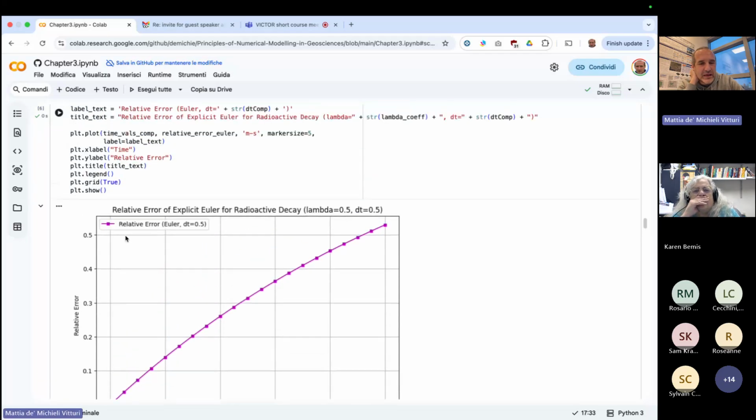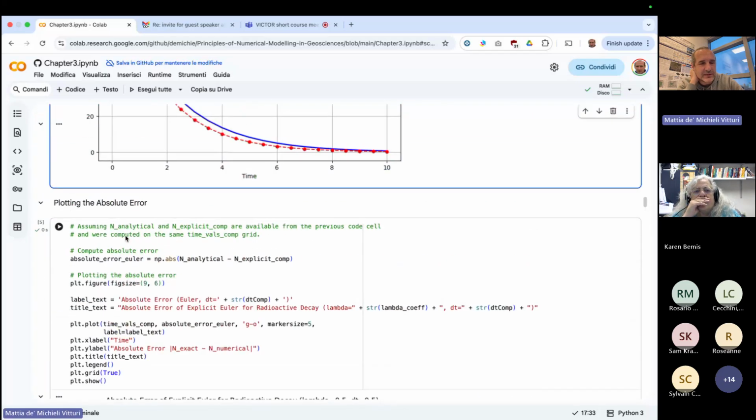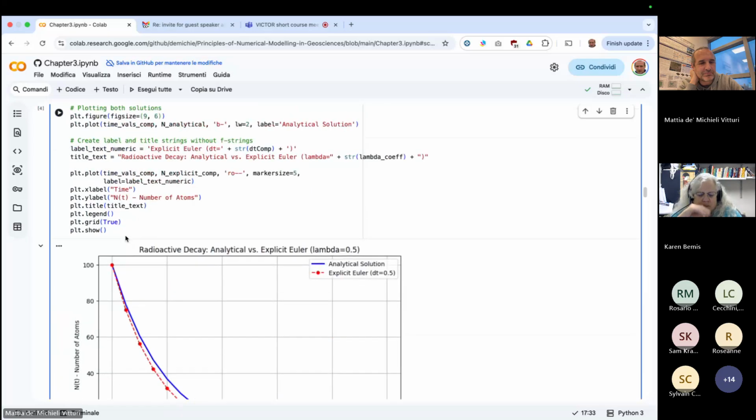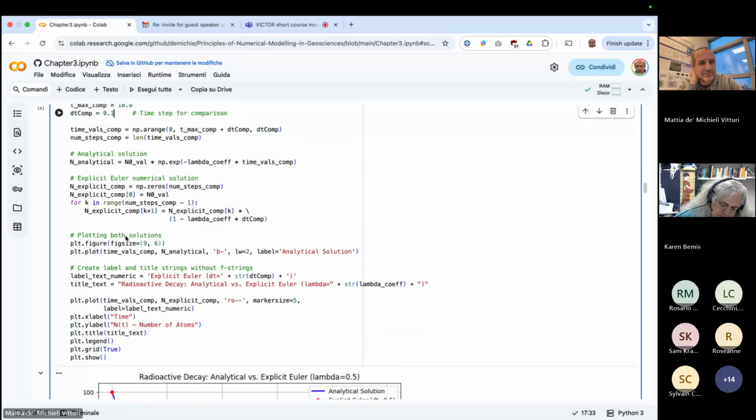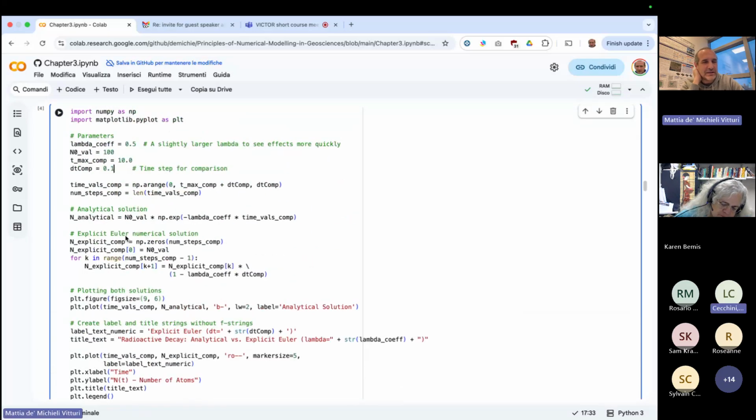To remain the same, to decrease? Any idea? To decrease. And do you have also an idea of how much it should decrease if we move from 0.5 by 0.1?